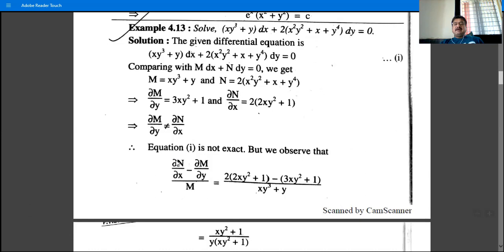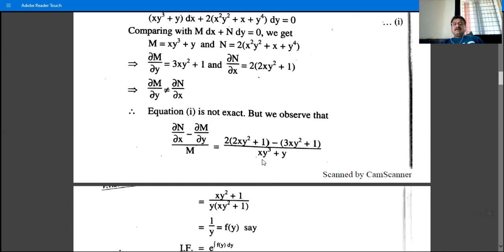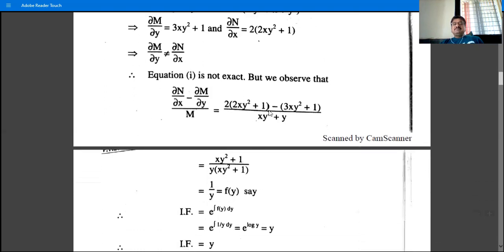But we observe that (∂N/∂x minus ∂M/∂y) divided by M. ∂N/∂x is 2(2x square plus 1), minus ∂M/∂y, divided by M, which is xy cube plus y. Then the simplification is 4xy square minus 3xy square becomes xy square, and 2 minus 1 becomes plus 1, divided by taking y as common.